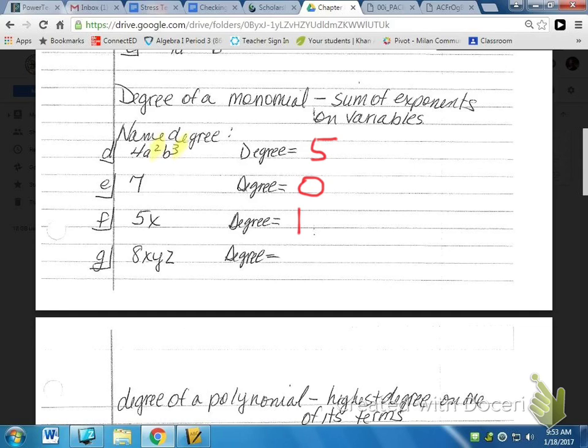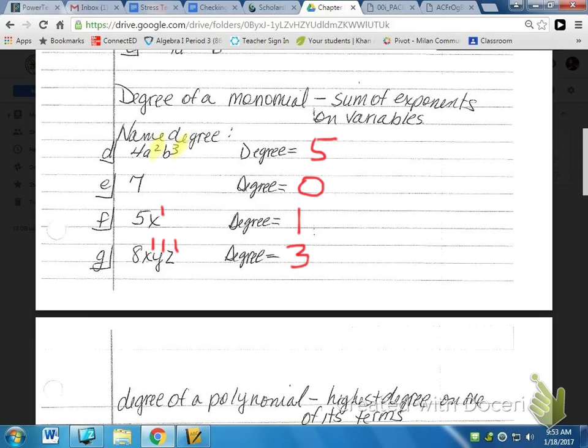If you don't see a number there but there is a variable, it automatically has the exponent of 1. And finally, G, 8xyz. Megan? 3, because each of those variables would have a 1, and you'd add them up. Hopefully you remember it; it's not too tough. It's just the degree of a monomial.